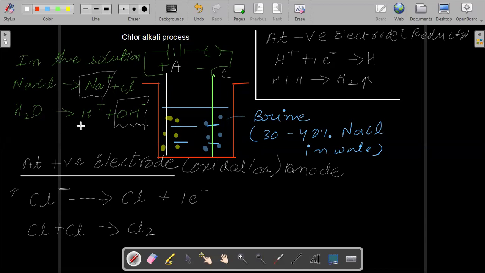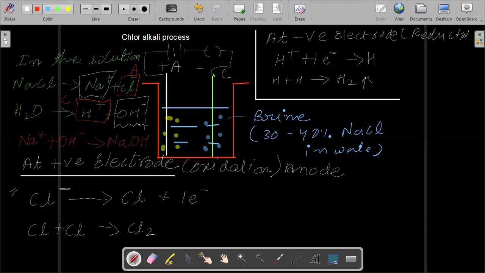Yes. So in the solution, the H plus has moved to the cathode, the Cl minus has moved to the anode, and we are left with Na plus and OH minus. This Na plus reacts with OH minus to form sodium hydroxide.